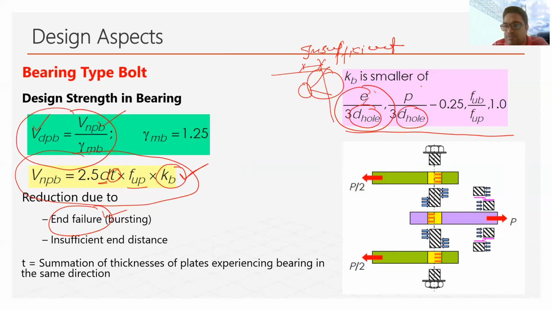Similarly, this will be the second criterion, and the third criterion will be fub upon fup. fub is the ultimate strength of the bolt and fup is the ultimate strength of the plate, and then 1. So we will calculate Kb with these four criteria, and the minimum of these values will be taken as the value of Kb. So this is how to calculate the bearing strength of the bolt.